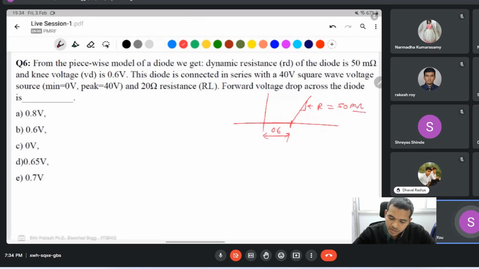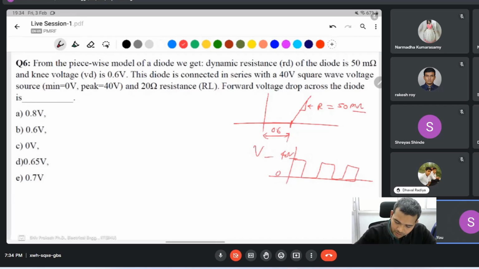The diode is connected in series with a 40 volt square wave voltage source, 0 to 40 volt, and a 20 ohm resistance. You draw a circuit like that.